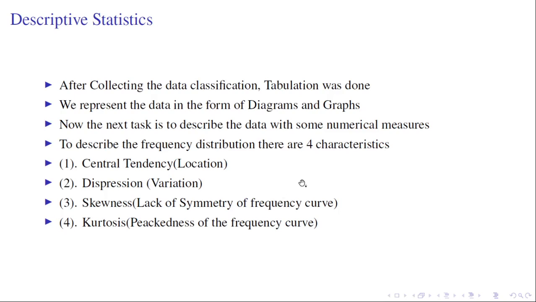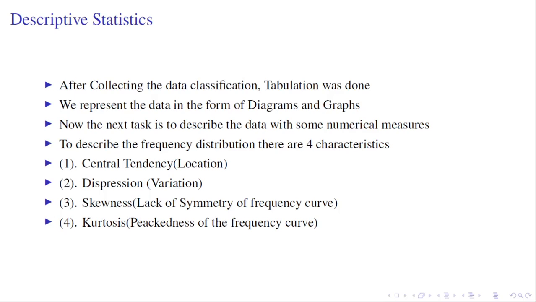I already told you in the syllabus discussion, the unit 1 and unit 2 you have already studied in previous classes. From 9th class onwards, you are studying statistics, measures of central tendency: mean, median, mode, geometric mean, harmonic mean, and dispersion also you have studied. Up to intermediate, you already studied the probability distribution also, measures of probability also.